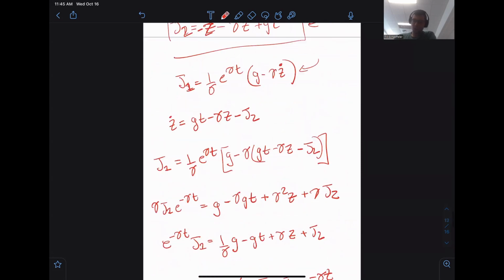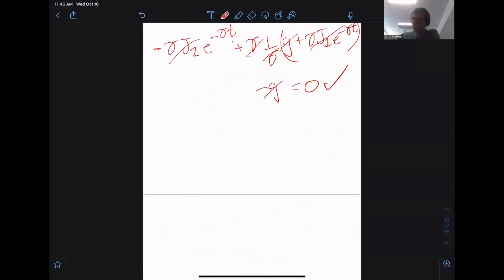And when z double dot is 0, there'll be some constant velocity that the sphere is sinking at, which is called its terminal velocity.